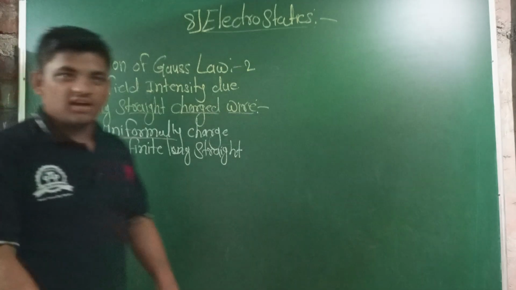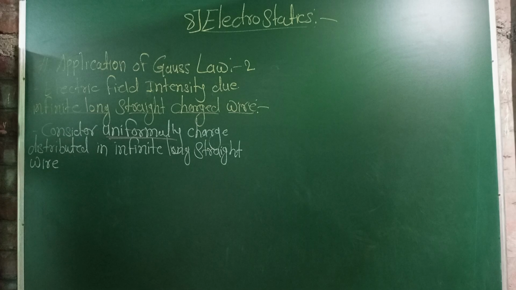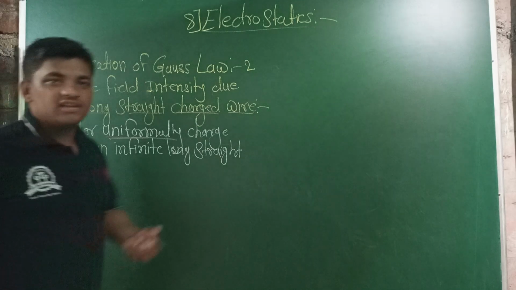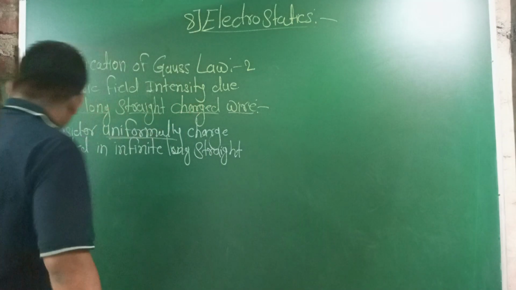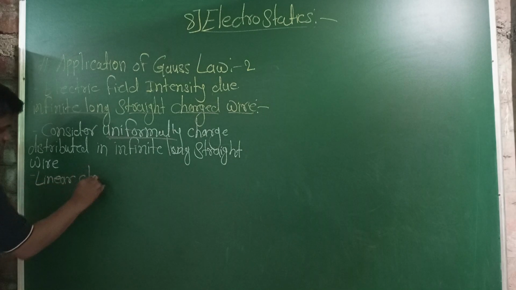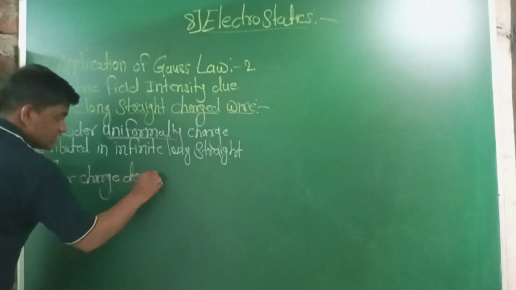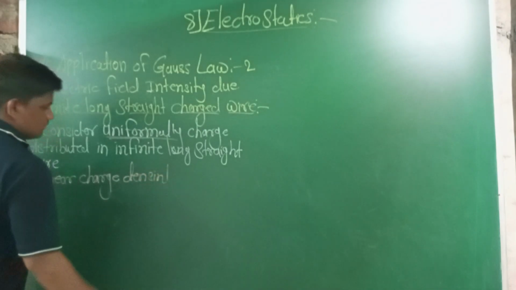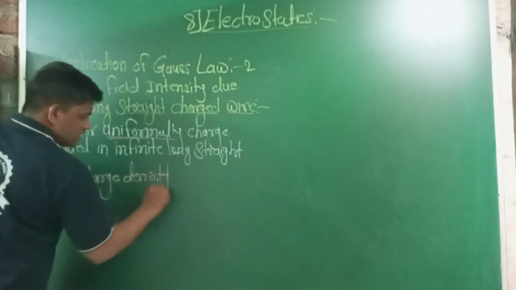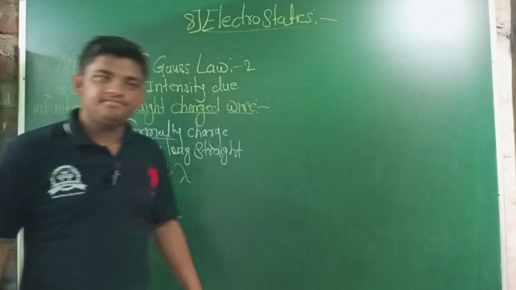And if the charge is uniformly distributed, then the linear charge density is constant. The linear charge density, which is constant, is denoted as lambda.